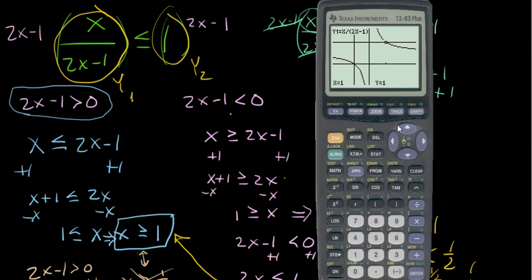Okay. And there's x equals 1 and y equals 1. So you see from here, the curved graph, which is the graph of the one on the left, that's below this line of y equals 1. So that means that the value for this is less than or equal to the value for this.